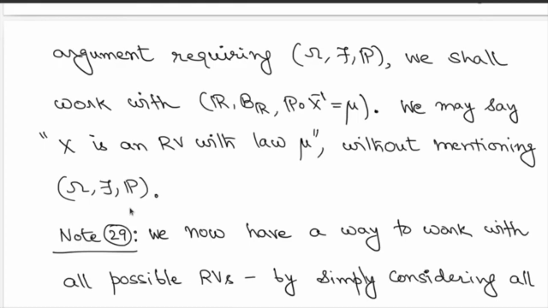Unless strictly necessary, we are not even going to mention the domain side. We are just going to say things like X is a random variable or a random vector with some law mu. Okay. And the law means it's a probability measure on the range side. So that's all we are going to concentrate on.